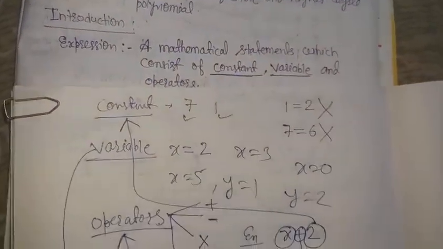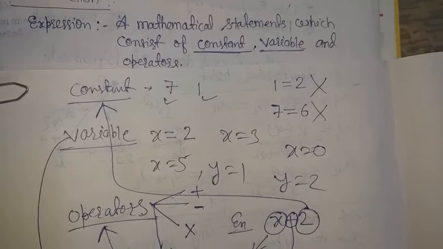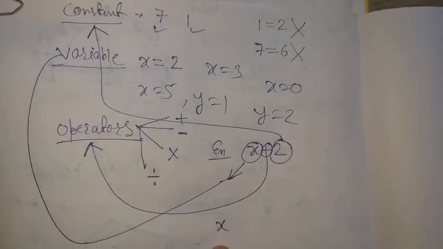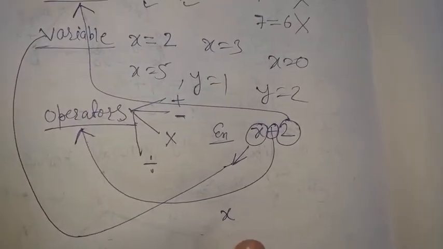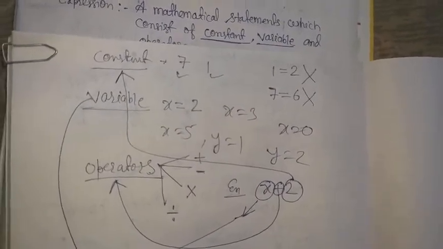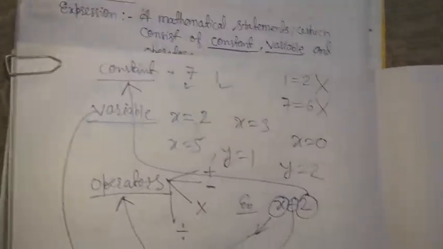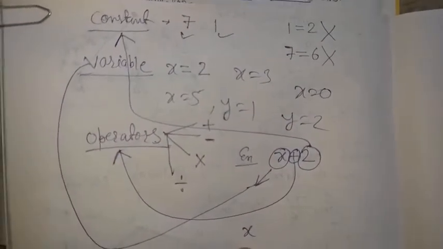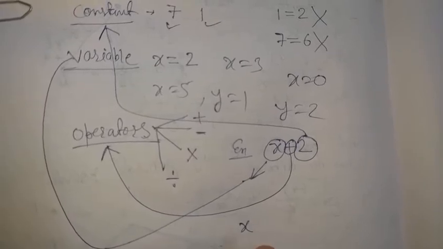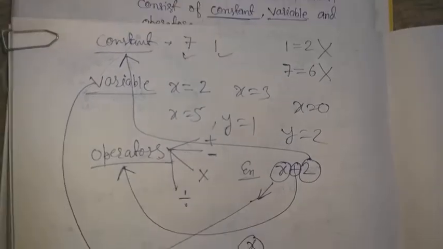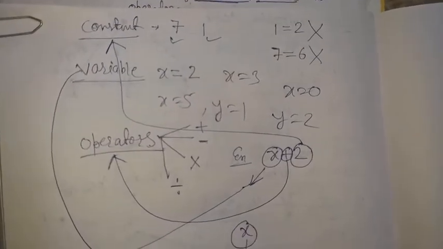If someone tells you x, only x, is that an expression? Yes, it is an expression. Someone may ask a question, sir, it has no operator, it has no constant. Why can we say that this is an expression? Yes, this is an expression because x is a variable.